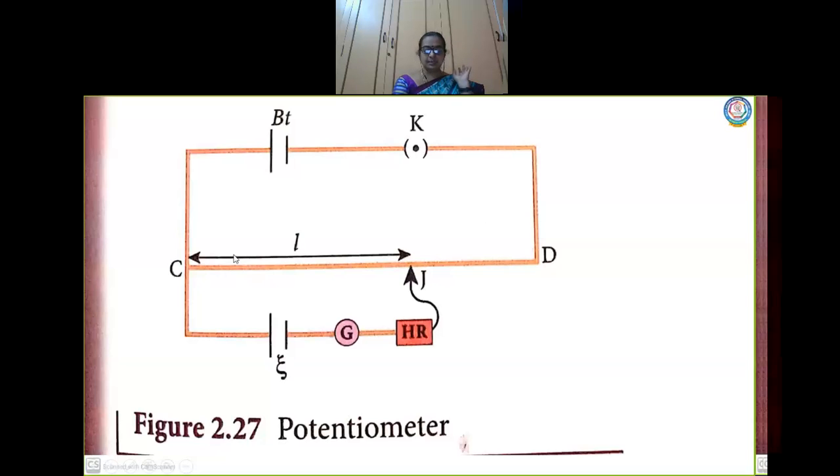Is it clear? So they are connected, and again you move the jockey. How does it work? After connecting, you have to check the connections. You keep the jockey to one side and the galvanometer needle moves to the left, then move the jockey to the other side and the galvanometer moves to the other side. If the deflections are in opposite directions, then the connections are correct.